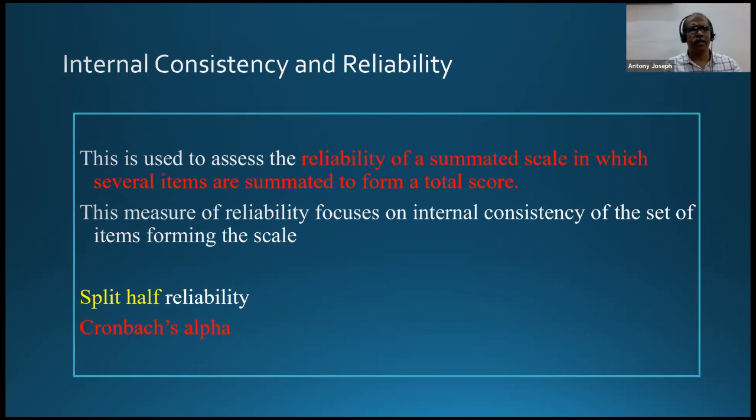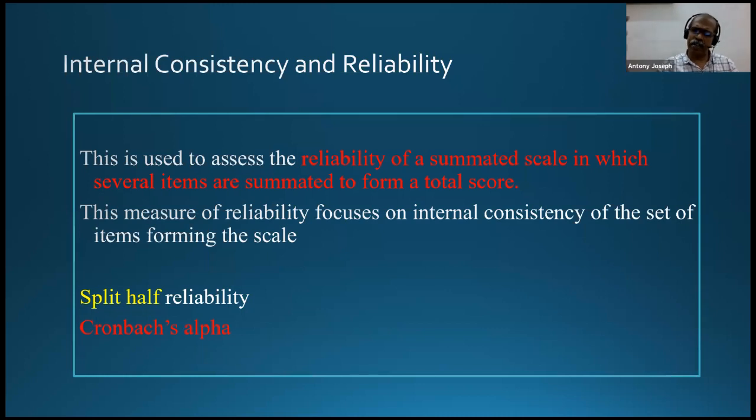The concept is very simple. Say, for example, if there are 30 different statements for the measurement of a particular thing, say, if you are assessing the money attitude of people in a particular place.